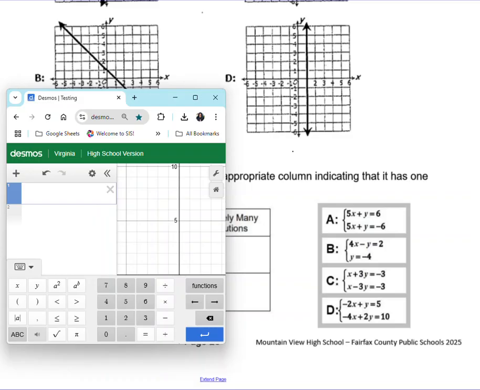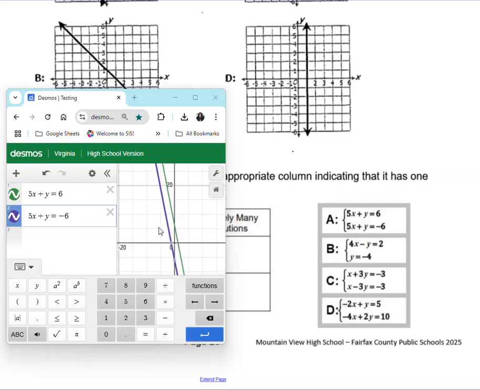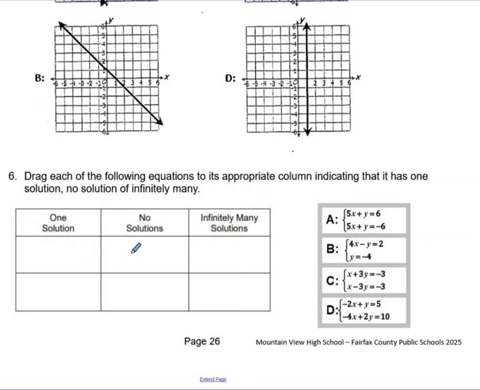So you have 5x plus y equals 6, and then you have the second equation. Looks like it is no solution for A. Okay, I'm going to graph the rest of them.